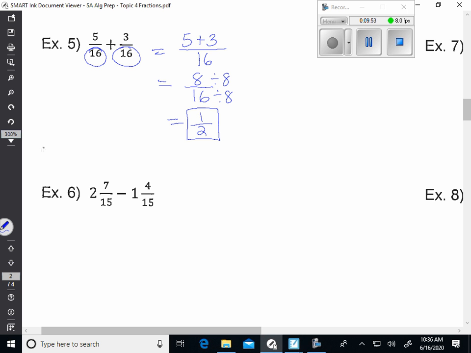So when you subtract, remember, one of the rules of thumb for subtraction is to go ahead and convert those mixed numbers to improper fractions. So 15 times 2 is 30, plus 7 gives you 37. 15 times 1 is 15, plus 4 is 19.